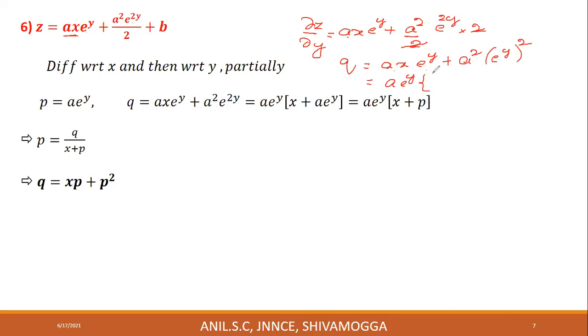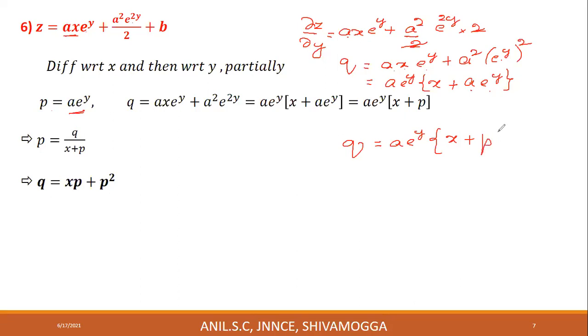Then what you get within the brackets is x plus a into e power y. Therefore, q is equal to a into e power y into x plus a into e power y.